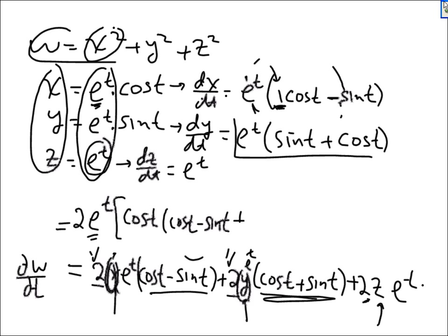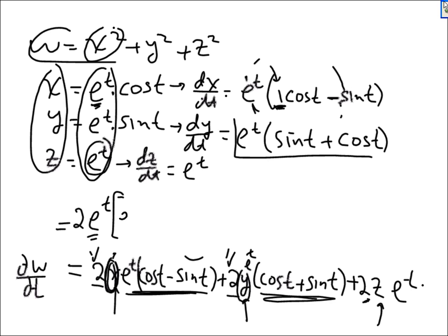For y also has sine t. I'm trying to take shortcuts and it's not working. I factored out the 2. Each of the letters x, y, and z has an e to the t in it. So I factored out the e to the t.